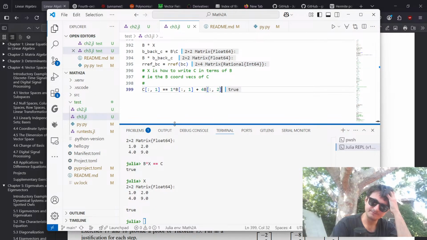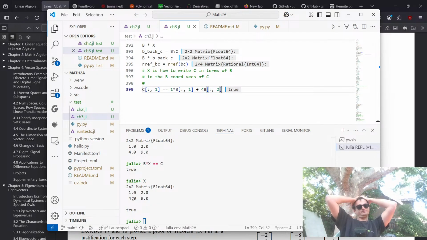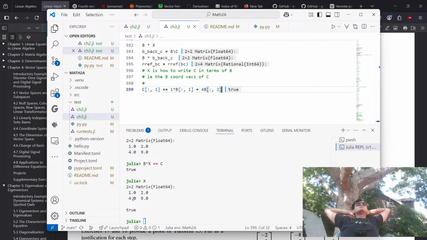Which means that x takes, right. X is the column vectors of C as linear combinations of B's basis.